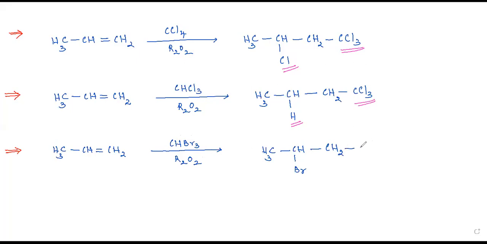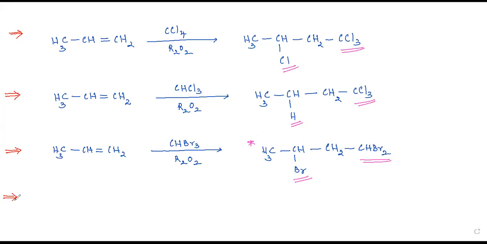And to this carbon, CHBr2 gets connected. See, this is interesting. So here you get a hydrogen free radical readily, but here you get a bromine free radical readily as compared to hydrogen free radical. That is the difference. So let me put a star over here.